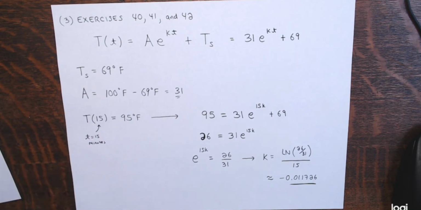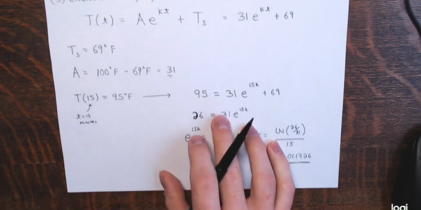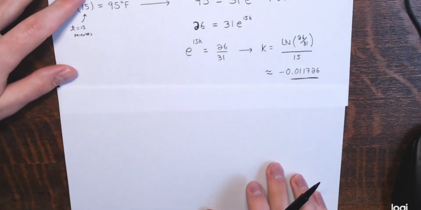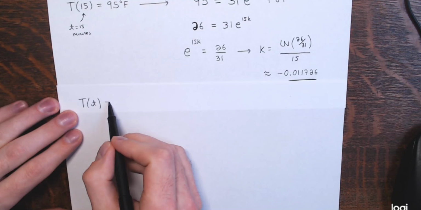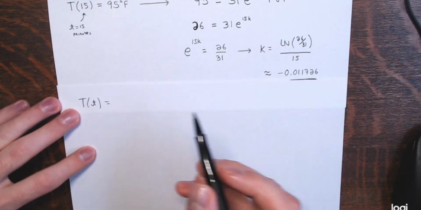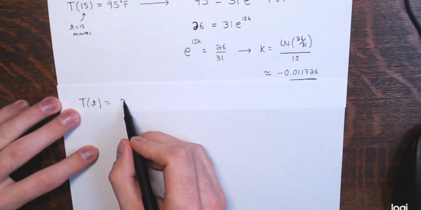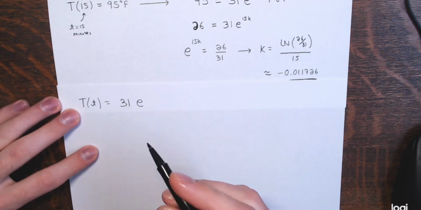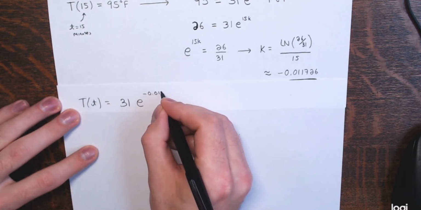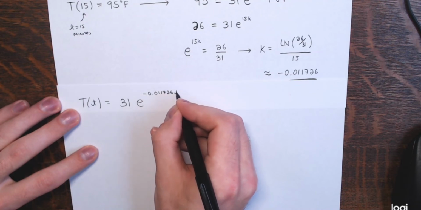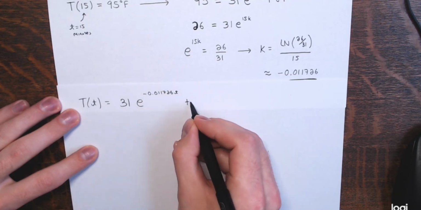Alright, so this time again I'll write up the versions of the model you can write. So we have T of t equals, I'll use the one with the rounded version first this time, why not, 31 times e to the negative 0.011726t, plus 69.